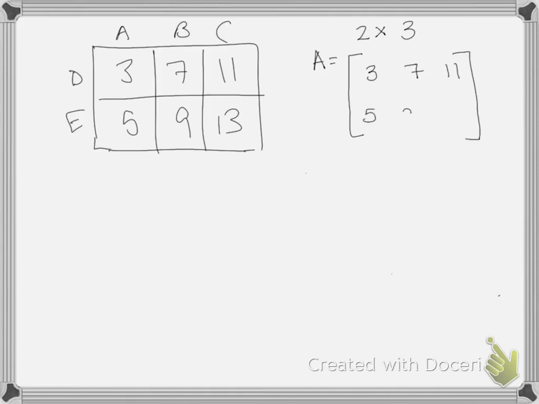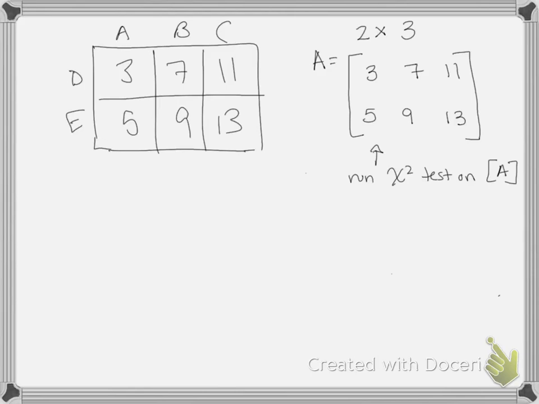And 5, 9, and 13. And you'd run the chi-squared test on A. Okay? So then we would make our conclusion using our p-value and comparing it to our alpha level.